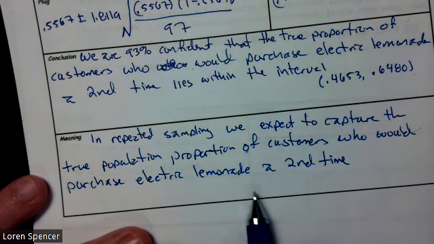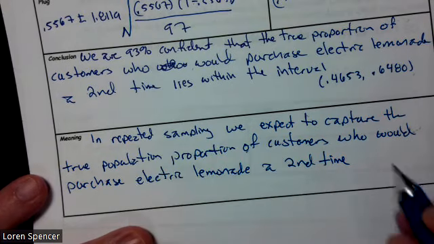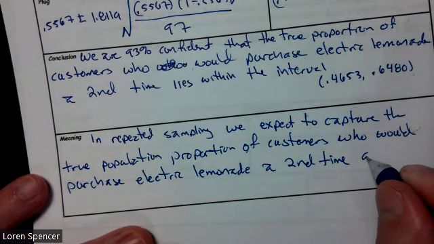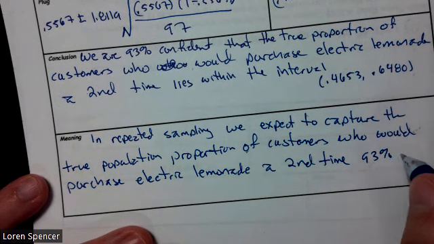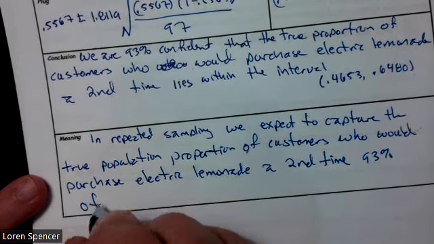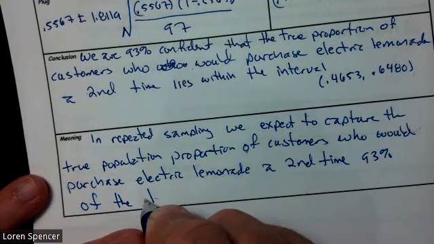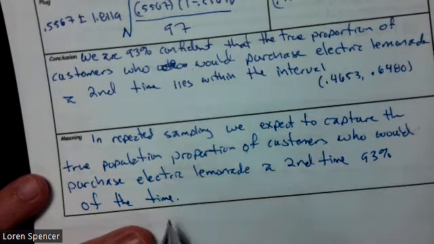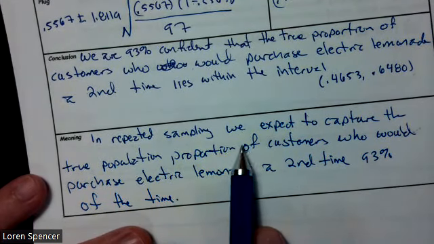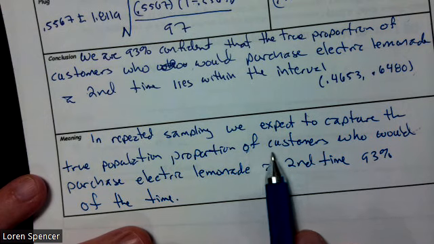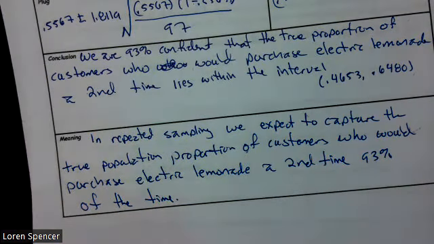Well, how often do we expect to capture it? 93% of the time. And remember, this is our brag. Basically it says if we did it over and over again, we would expect to capture the true population proportion 93% of the time.